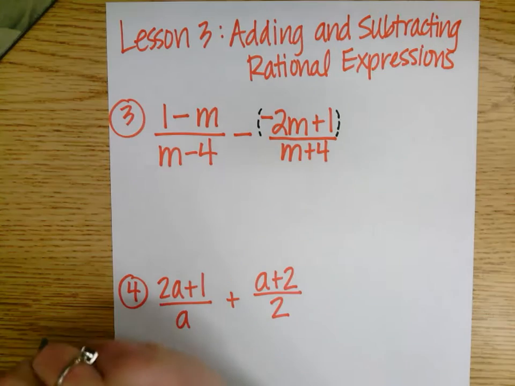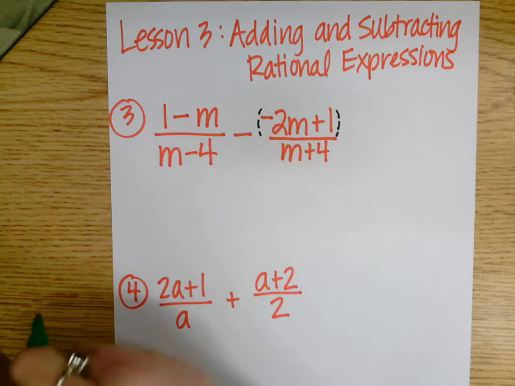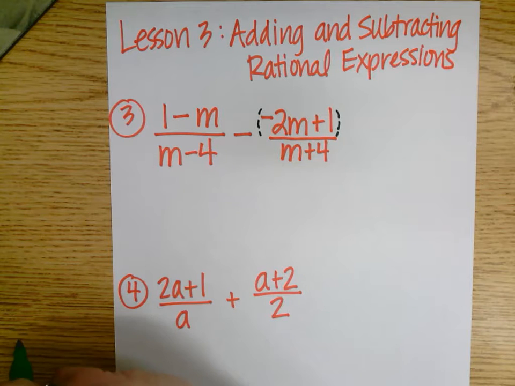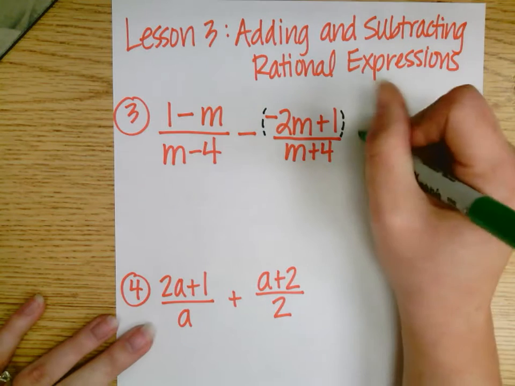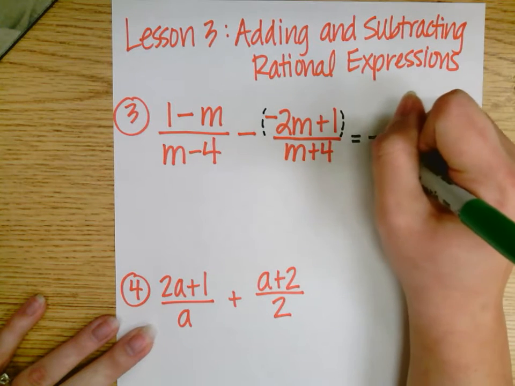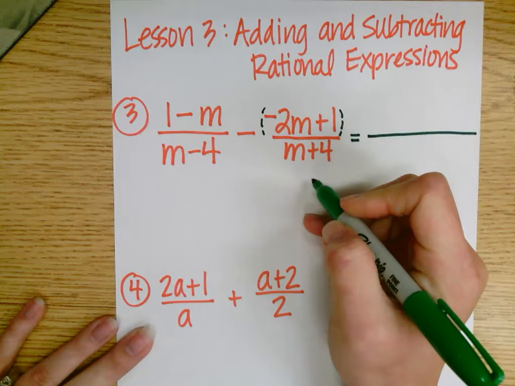Common denominator is going to be one issue, but in subtraction, a very common problem is distributing that negative, forgetting to distribute it to both terms. So it might be an issue that you have. Let's look at common denominators. I have two pieces that look very similar, but they're not the same.